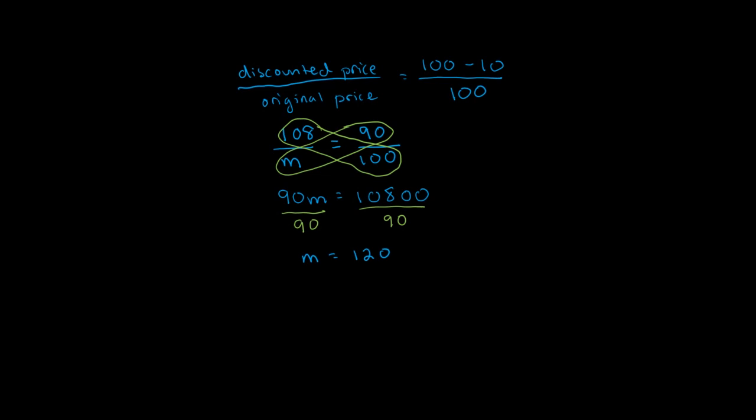So that is going to be the price that we are going to mark the textbook up to, so that when we take a 10% discount, we're still making a 35% profit on the original $80. So I'm going to write that. So we need to mark up the textbook to $120.